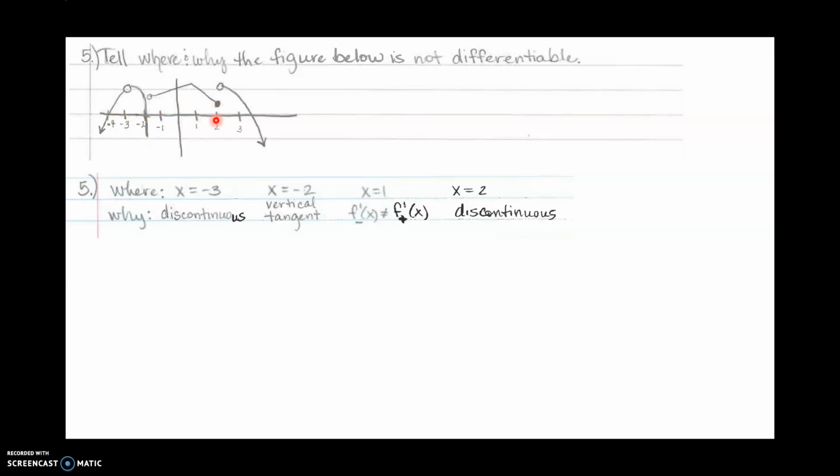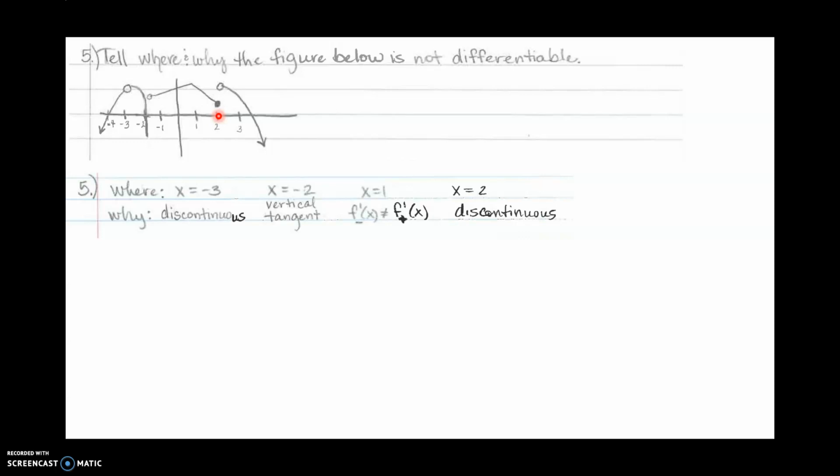I also want to look for anywhere in the graph where I have a corner or a kink. And so I have a corner or a kink right here at +1. Okay, so now we've identified that we have a problem at -3, at -2, at +1, and at +2. So let's go back and let's give the reasons for each of those things.